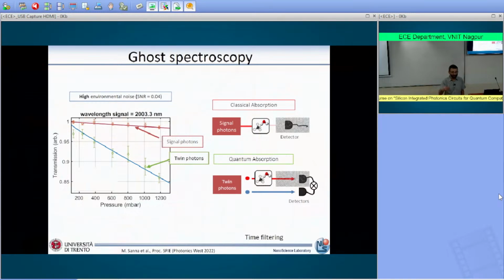You are not able to distinguish a great change in the pressure because of the noise, while in the other case, you are getting a large sensitivity improvement, meaning that now you are sensitive to small changes in the pressure, and those small changes in the pressure give you a large change in the transmission. And so by using this technique, you have completely solved the problem of the noise.